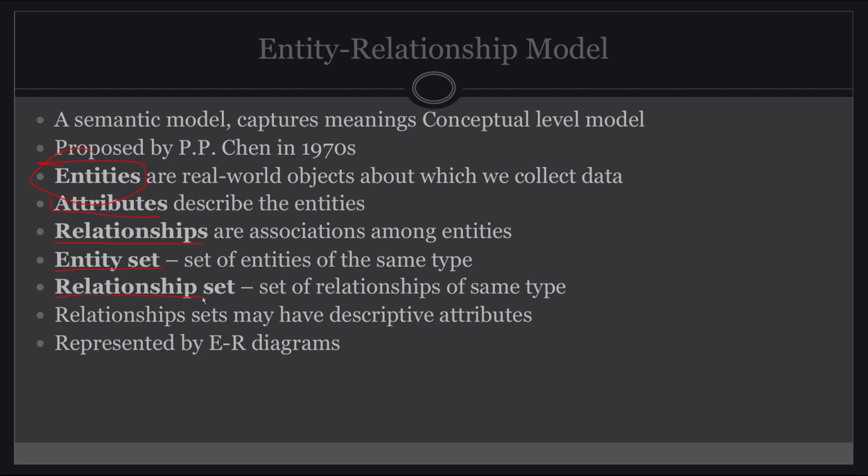And we also have relationship sets, which are sets of relations between the entities. The relationship sets, sorry, can also have their own attributes. And all of this information is encoded in the entity relationship diagrams.